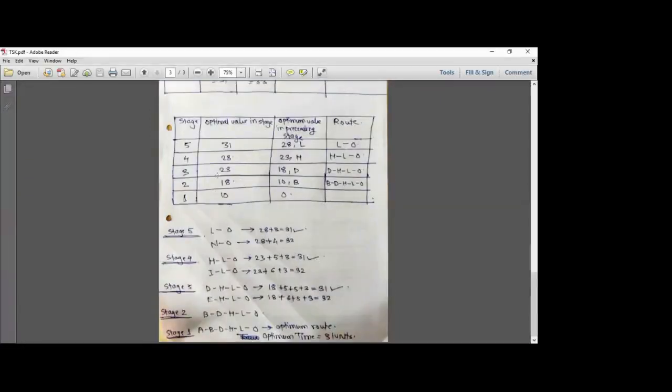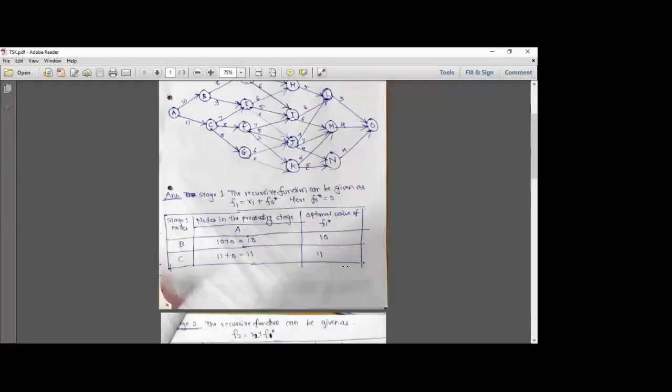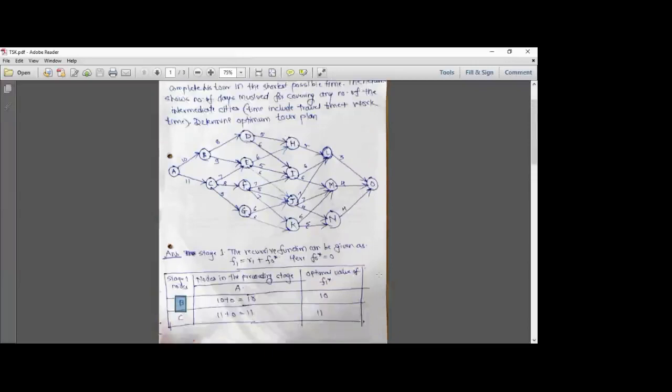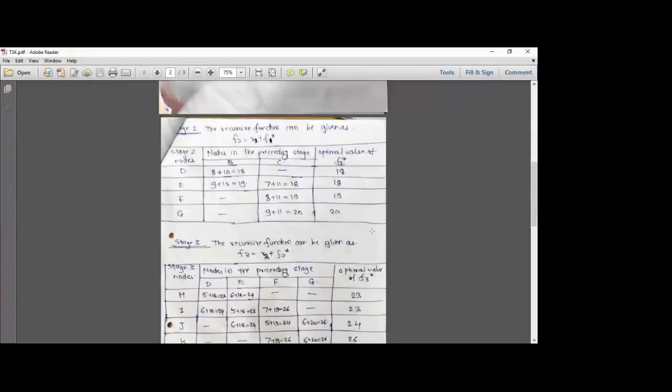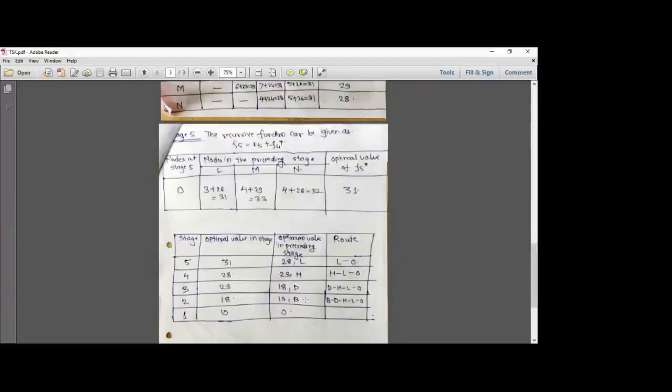Now stage 2 optimum value is 18, right? Stage 1 optimum value we have to find out. So the optimum value among these two values is what? It is 10, obvious. There is no tie. So which node can we take into consideration? B node. So what is the route now? BDHLO. So here we have written BDHLO.